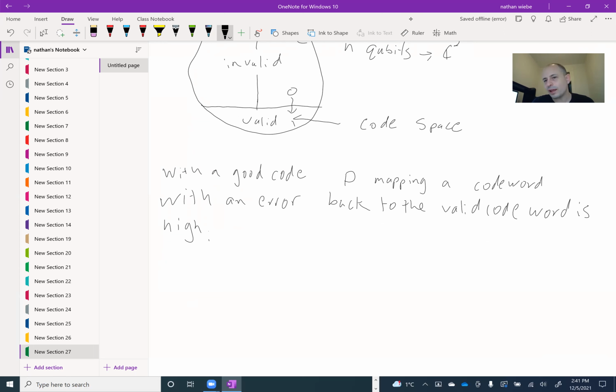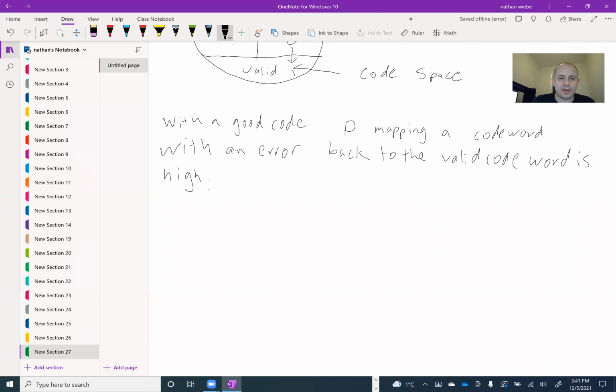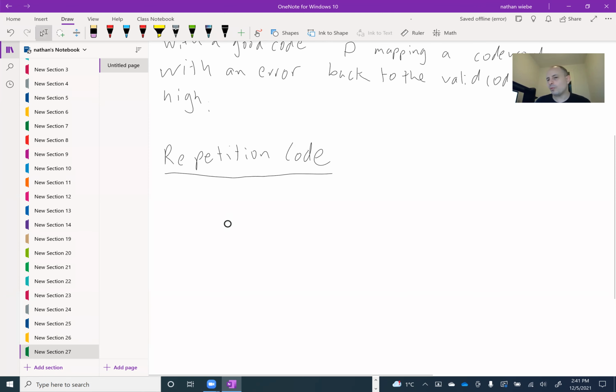So to understand how we could go about doing this in a less abstract way, let's jump back to ordinary computing and take a look at the repetition code. The repetition code is an error correcting code that I'm sure you all know. And the basic idea behind this is that we just repeat bits in order to be able to encode information.